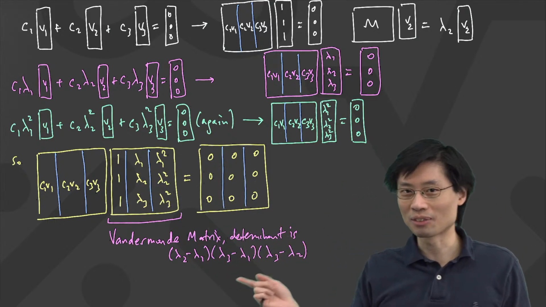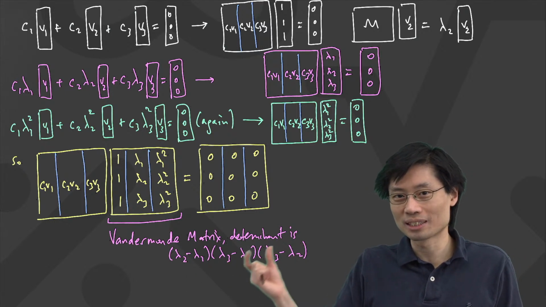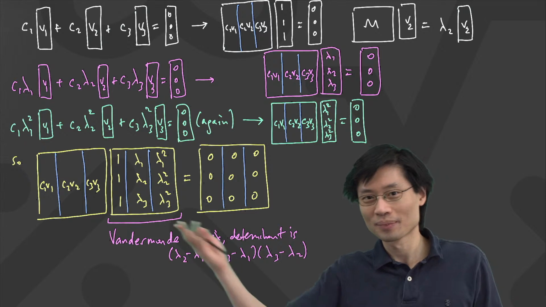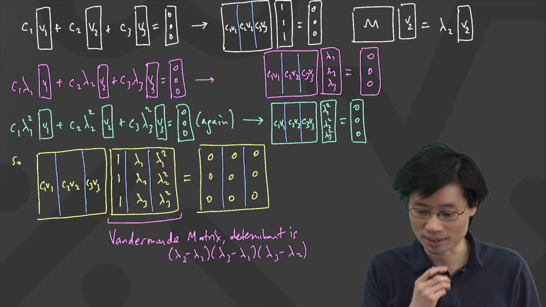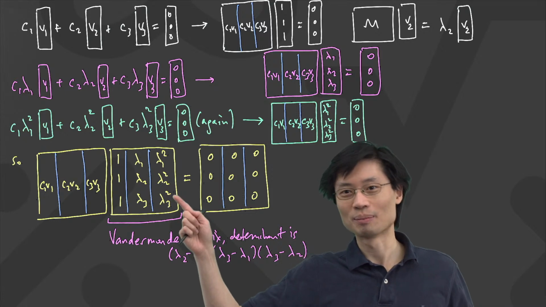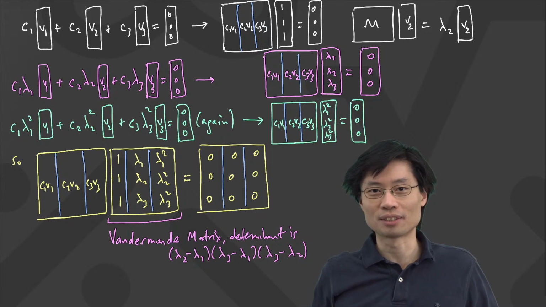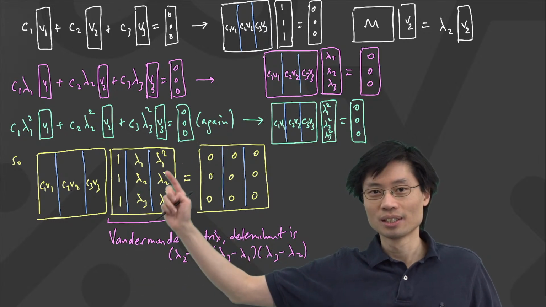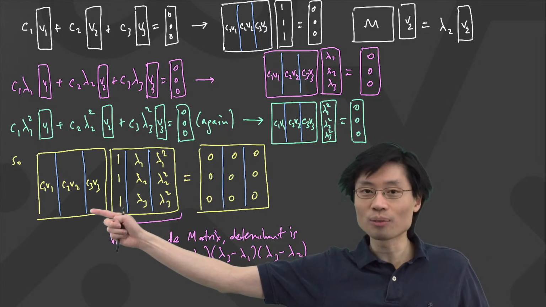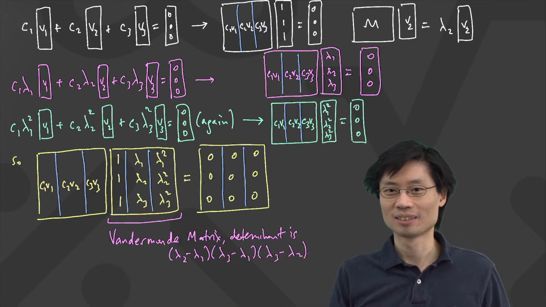Bam. And if you look at this factorization, if you've got two equal lambdas, this is finding all the ways to pick two lambdas and subtract them. So this is a very beautiful fact, this Vandermonde determinant. However, the punchline is that this matrix is invertible, because the lambdas are distinct. So you could just multiply by its inverse and conclude that C1v1, C2v2, C3v3 is the 0 matrix.